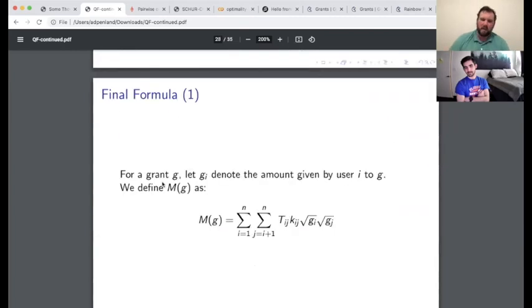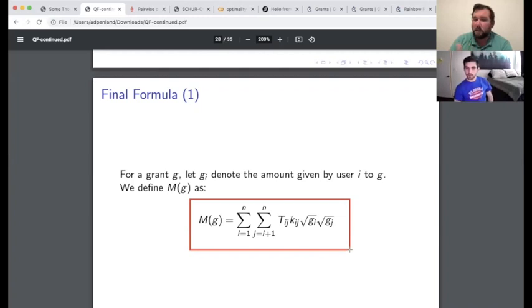When you look at this in the final formula, we're going to use the donation for a grant G. We're going to let GI denote the amount given by user I to that grant. The formula for the actual matching amount can be calculated this way. But notice again, up to some potentially changing constants, this is still a symmetric function, just with square roots.